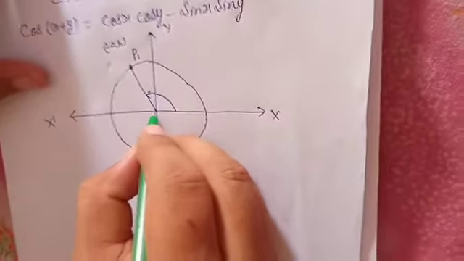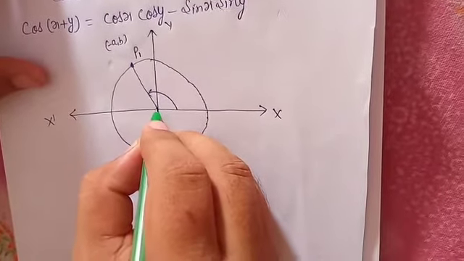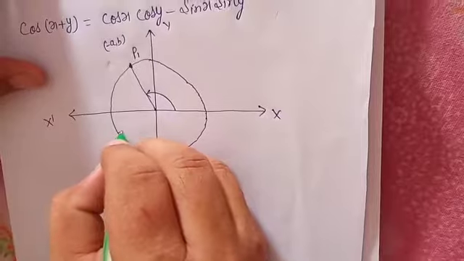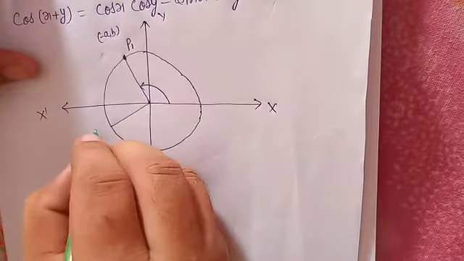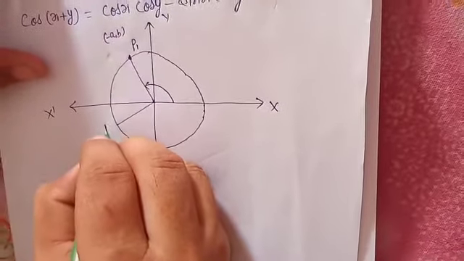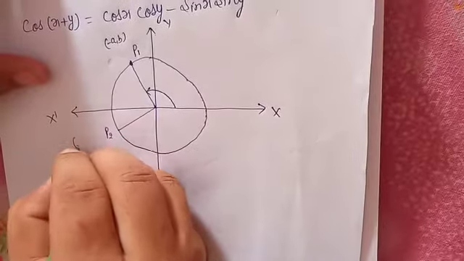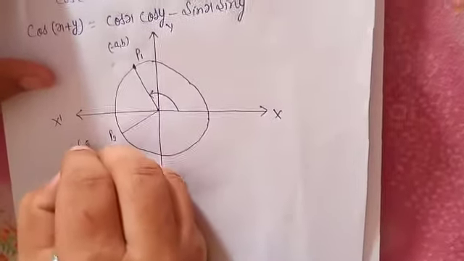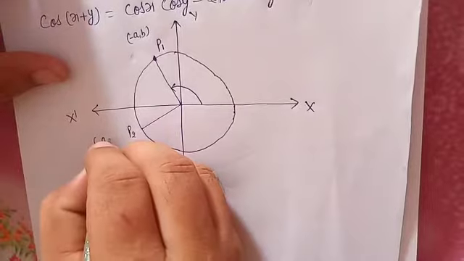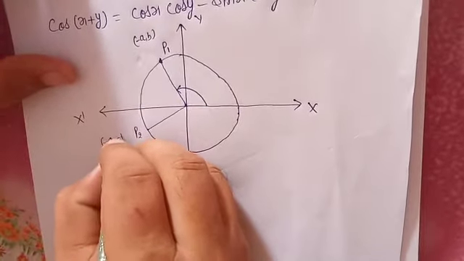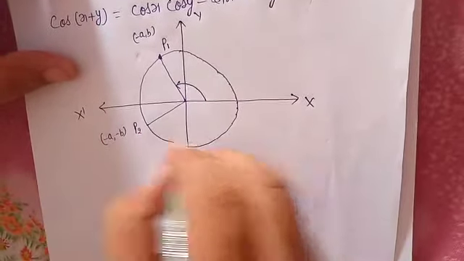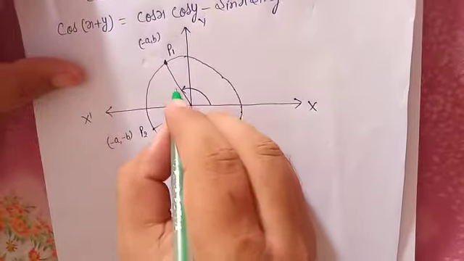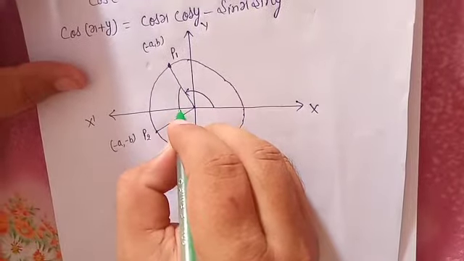P1. Another point we take, this is P2. What are its coordinates according to this? Minus A, minus B. This is equal to what?